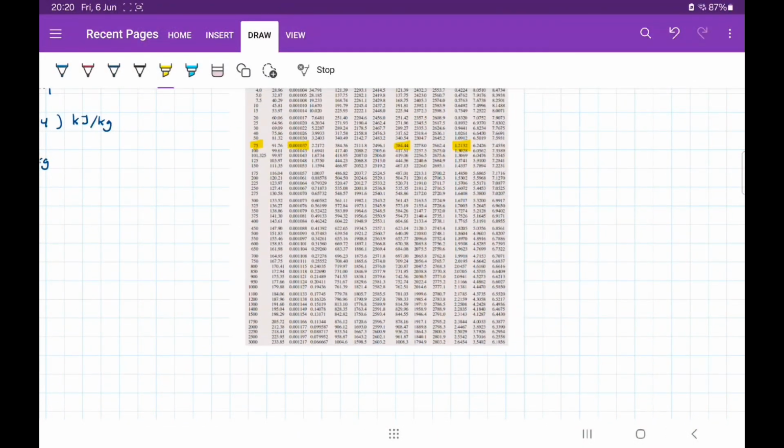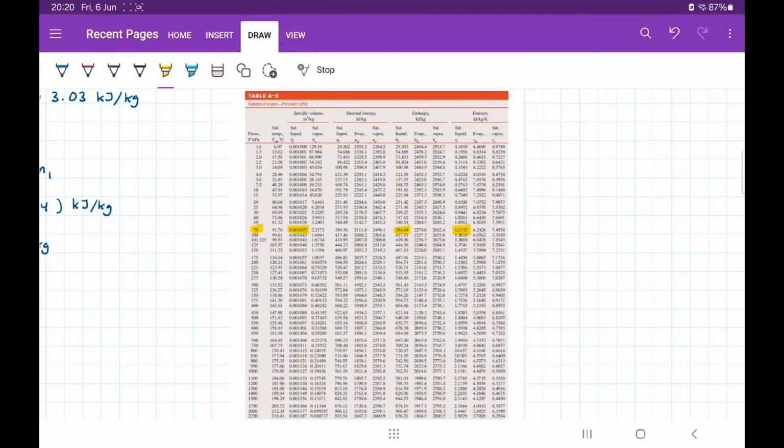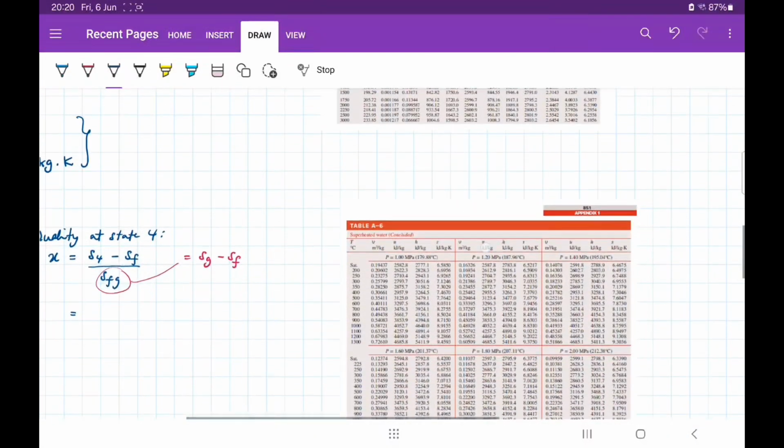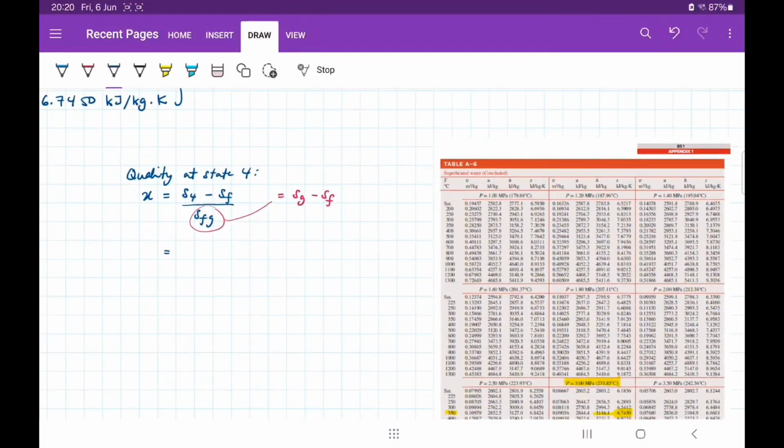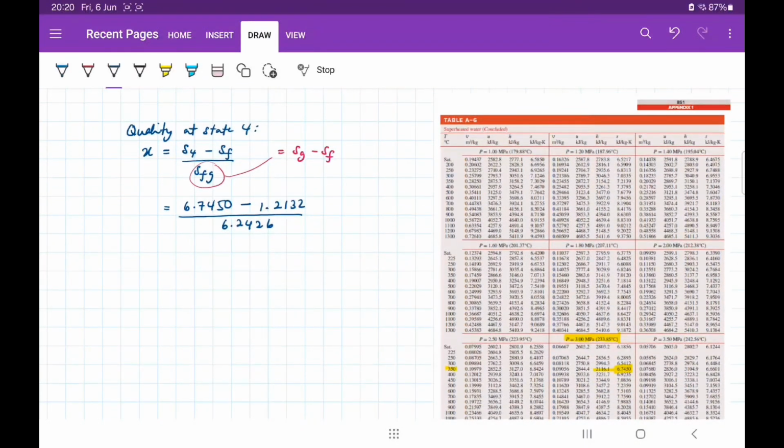What is our entropy there at 75 kilopascal? We have sf, sfg, so we can use those values to determine your x. So we have 6.7450 minus 1.2132, and you divide this by your sfg, which is already given in the table. So this is equivalent to 0.8861.